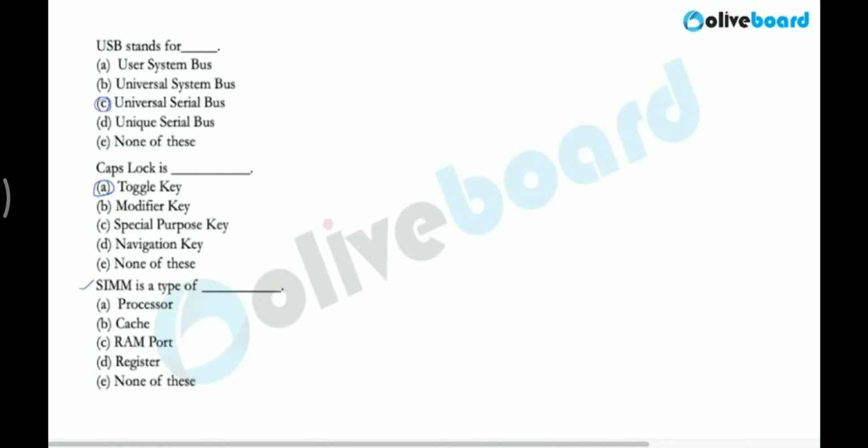This was the question that was asked previously. SIMM is a type of, options are processor, cache, RAM, register, or none of these. The right answer is SIMM is a type of RAM port, or random access memory port. If there were no options like RAM port, and the other options include memory, then you'd go for the memory. Moving to the next question.